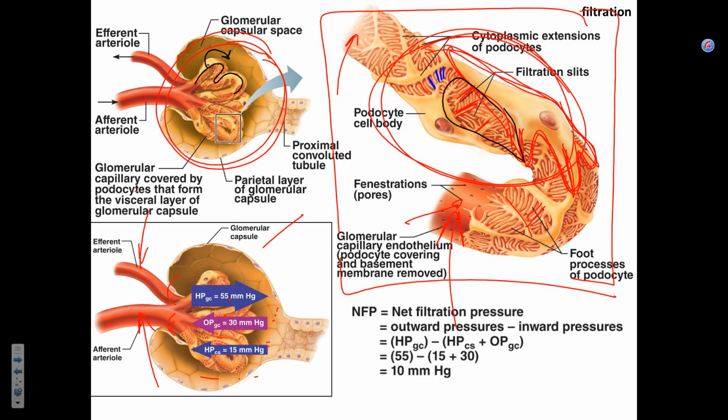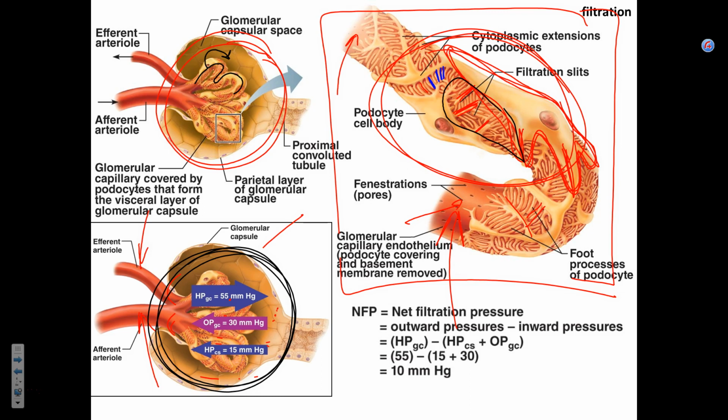And finally, net filtration pressure. Now, let's take a look at the components of net filtration pressure right here. Let's knock them out one by one. Do we really dramatically change the concentration of albumin in the blood, or do we not? Normally, in homeostatic conditions, is the amount of protein in the blood changing or not changing?